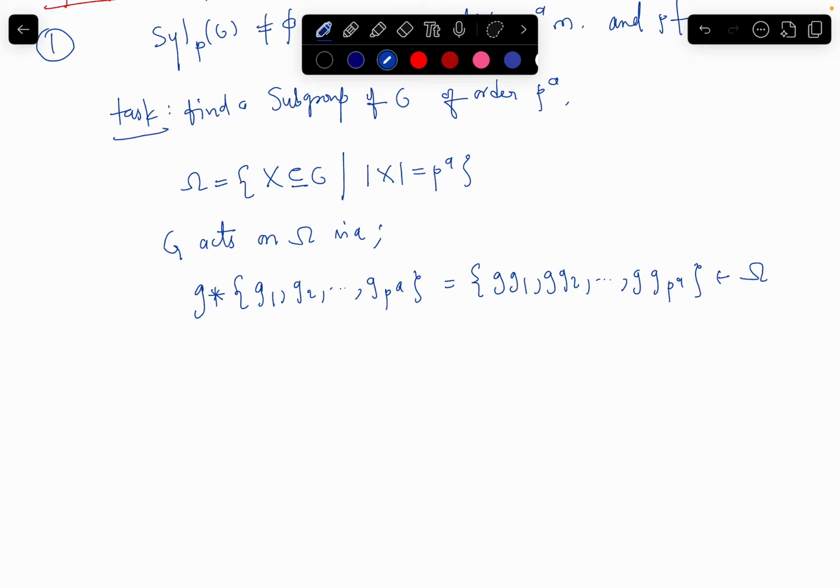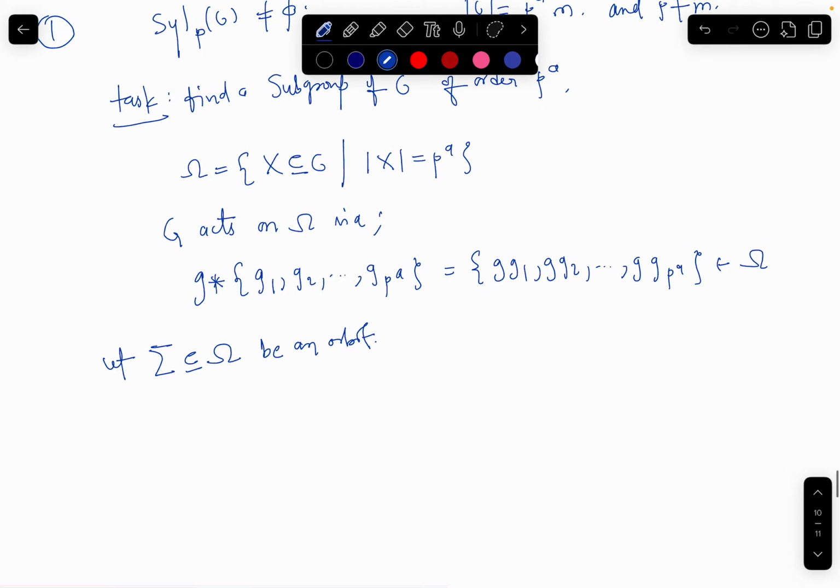Now let sigma be a subset of omega, an orbit of some element, so its members are in omega, and it is a subset of omega.